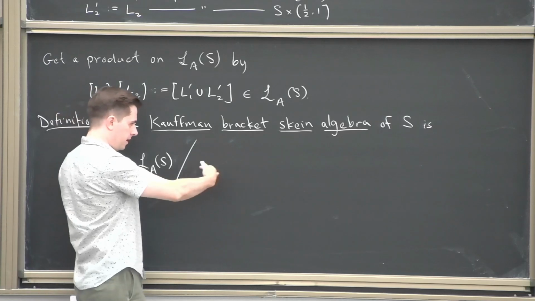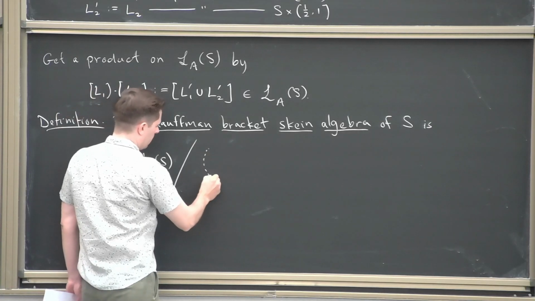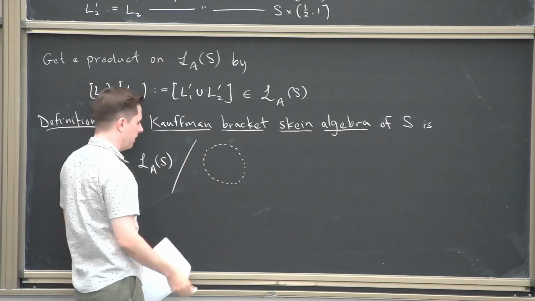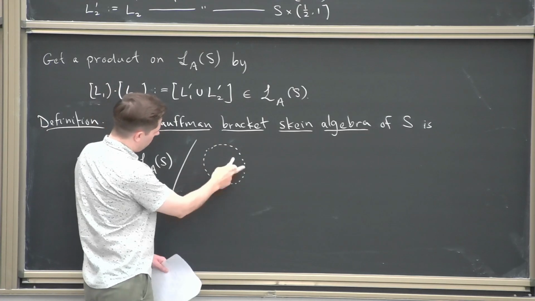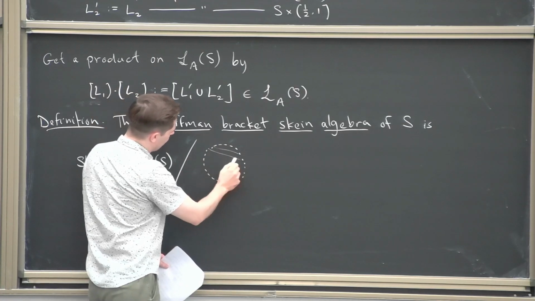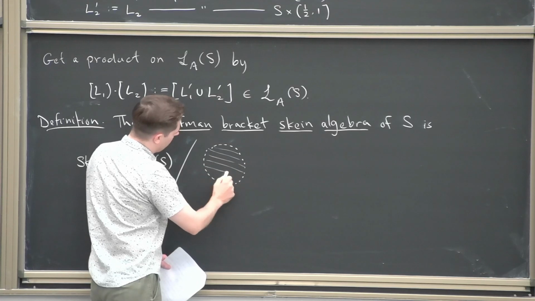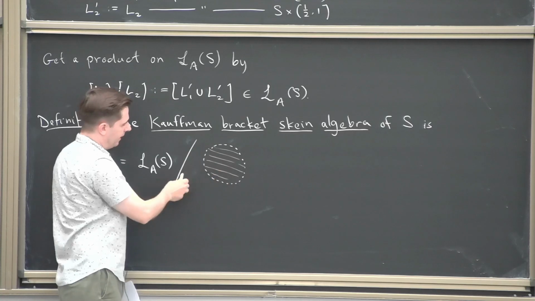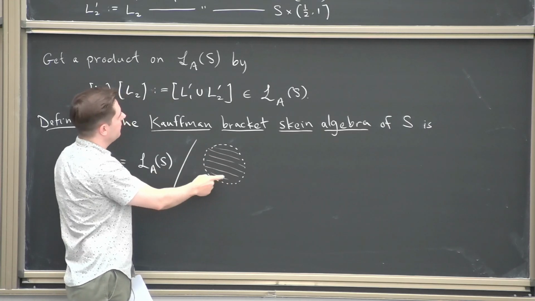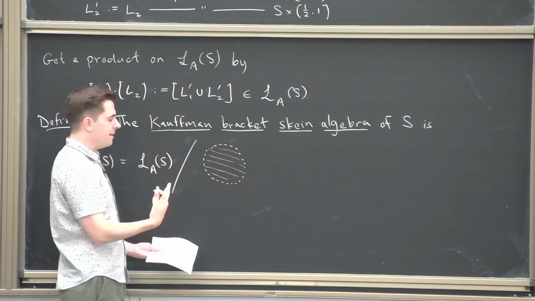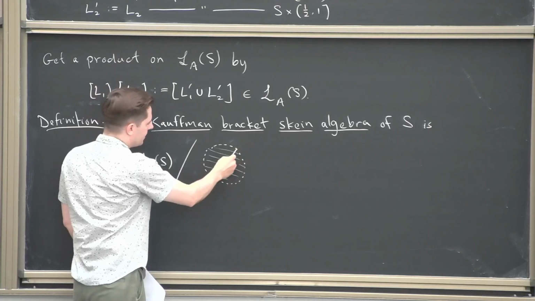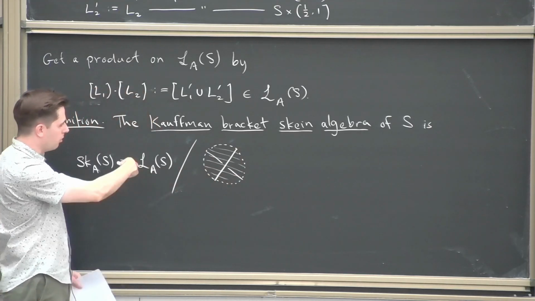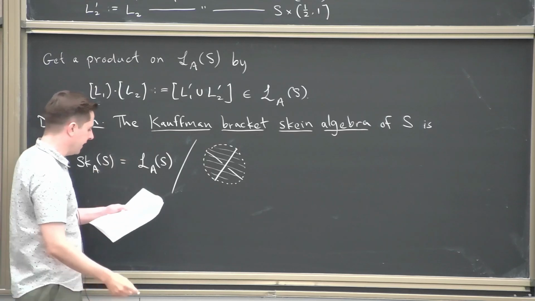So these can be described in pictures. Here this disk is meant to be some small neighborhood on the surface, and this is just shading. And I imagine that in this 3-manifold, we have a framed link that projects to this picture. That's a local picture of a link.